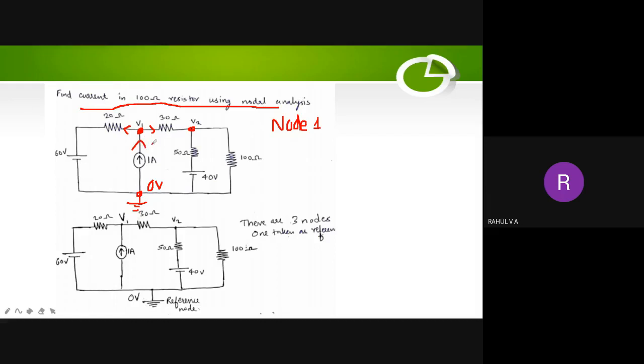So here we have one current component which direction is towards the node, and the other two assumptions that we have made is the direction of two currents where resistors are connected as branch is going away from the node. So the current I1 and I2 is going away from the node, and current I3 is coming into the node. So I can write I3 is equal to I1 plus I2.